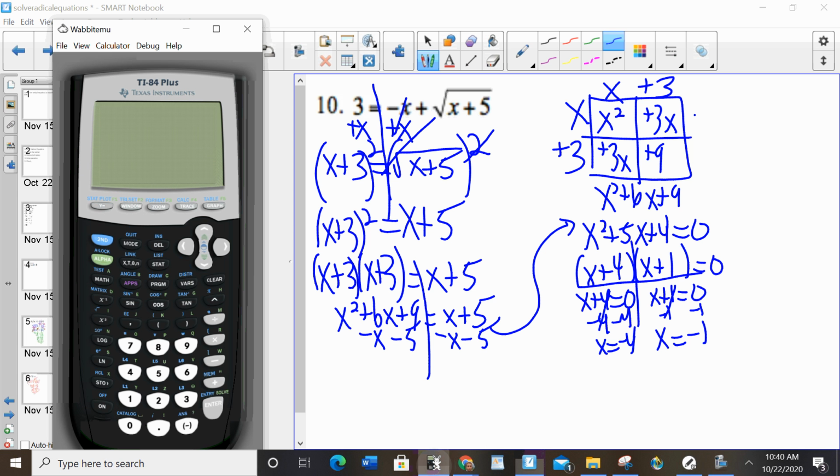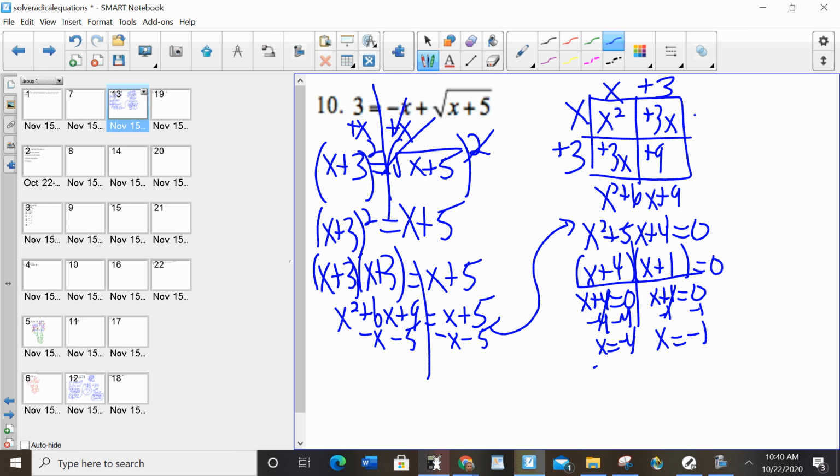Now that I have my answers, I must check. So I'm going to start with negative 4. Negative 4, store as x. I go back to the original problem. My left-hand side is 3. I don't think I need to type that in. So basically, I need this to be equal to 3. For them to be equal, is this equal to 3? Nope.